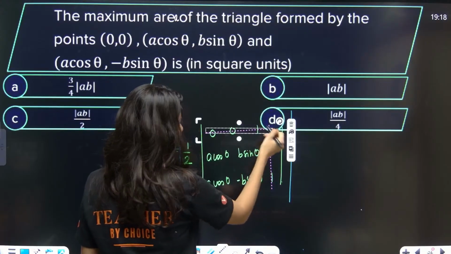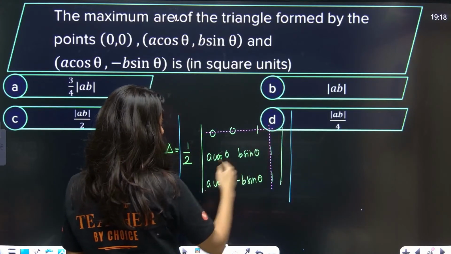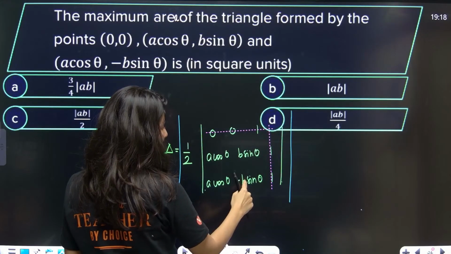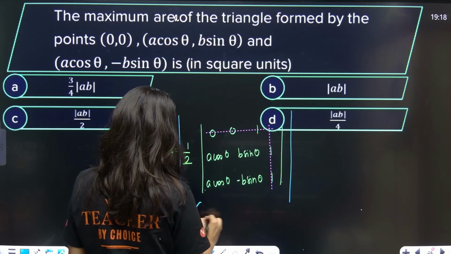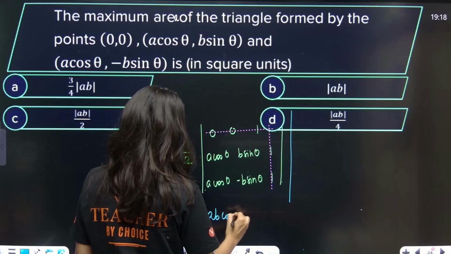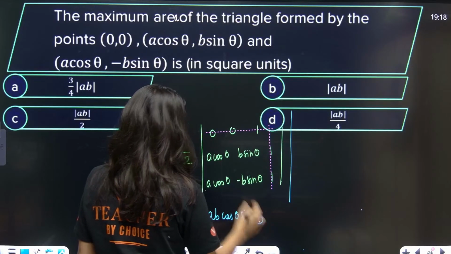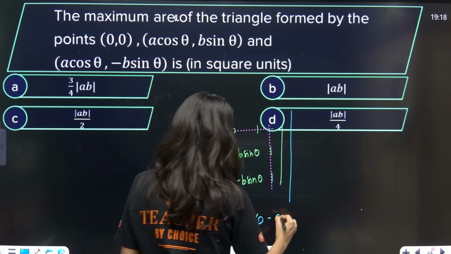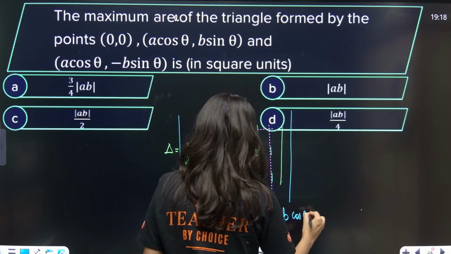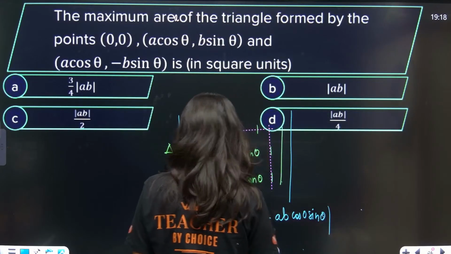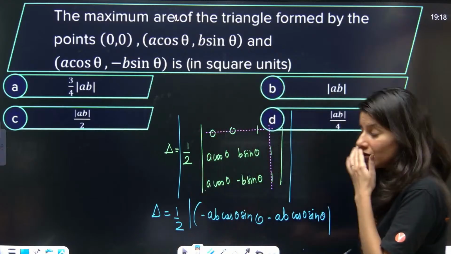Now, just open it right away. So this is 1, minus AB cos theta sin theta, minus AB cos theta sin theta. You know that modulus is already there, so there is no need of the minus sign.